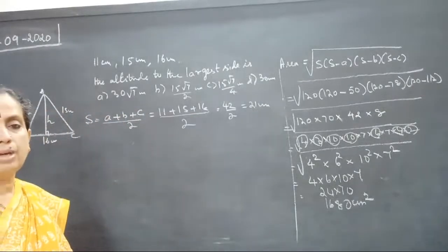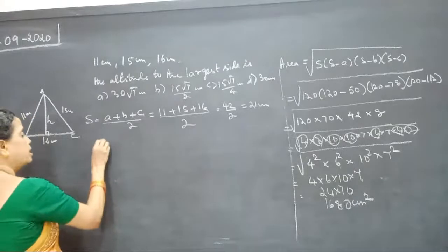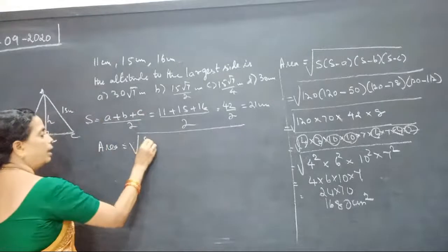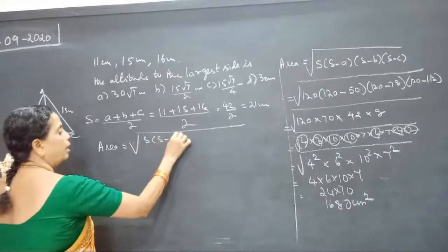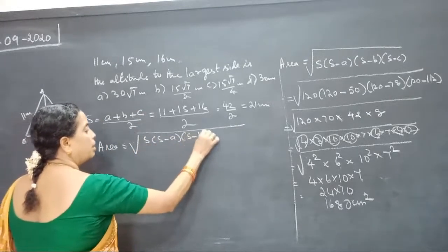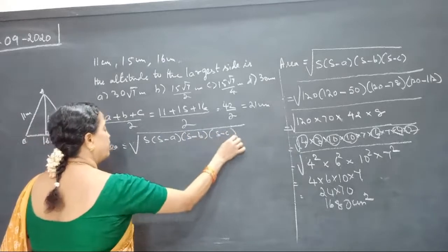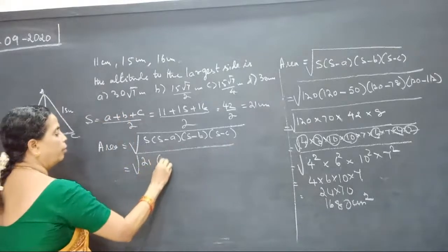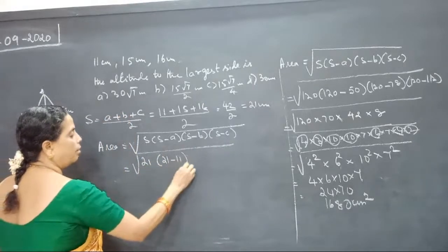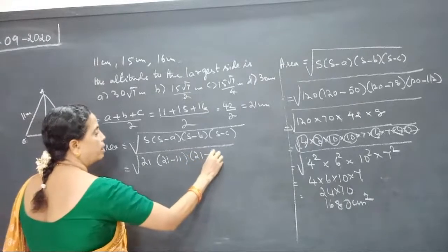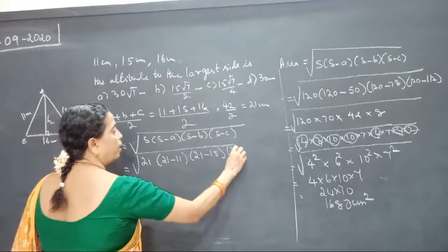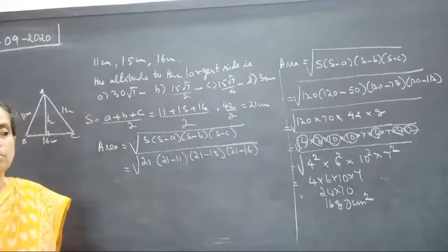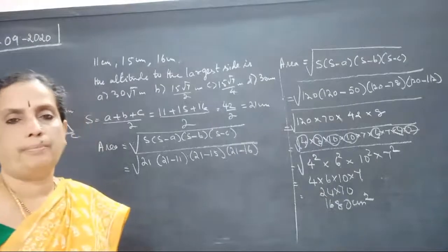So after getting 21 centimeter, now write area equals root of s into s minus a, s minus b, s minus c. It is the root of 21 into 21 minus 11, 21 minus 15, 21 minus 16.